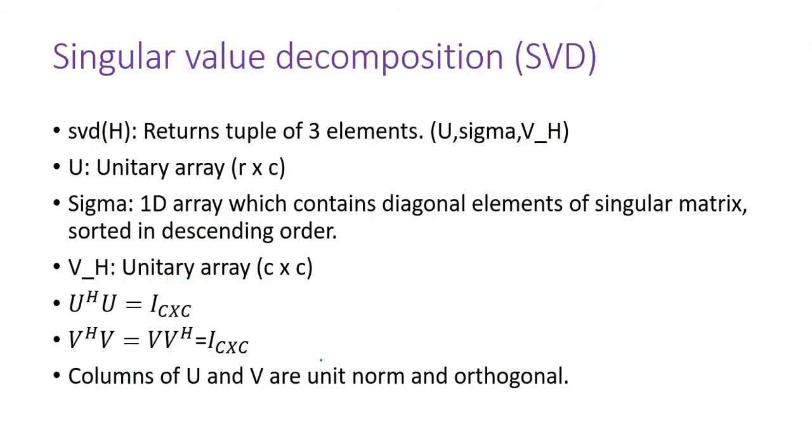Then finally, singular value decomposition. All the matrices are not square matrices. If it is a square matrix, we can go for eigenvalue decomposition. In MIMO, multiple input multiple output, in wireless communication, the transmitters and receivers can be multiple.